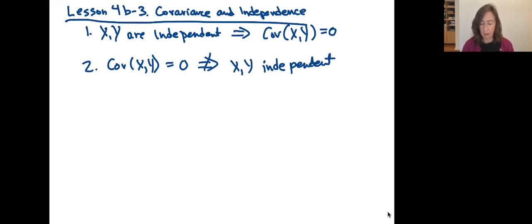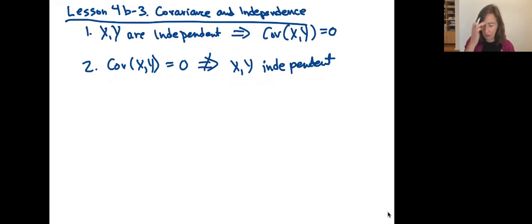I'll demonstrate this in the context of a pair of simple random variables, each of which takes 2 values, our standard workhorse example that, as is generally the case, will give us the logic of the overall result. And then I'll show you an example that lets us know why the covariance of 0 doesn't necessarily mean independence.